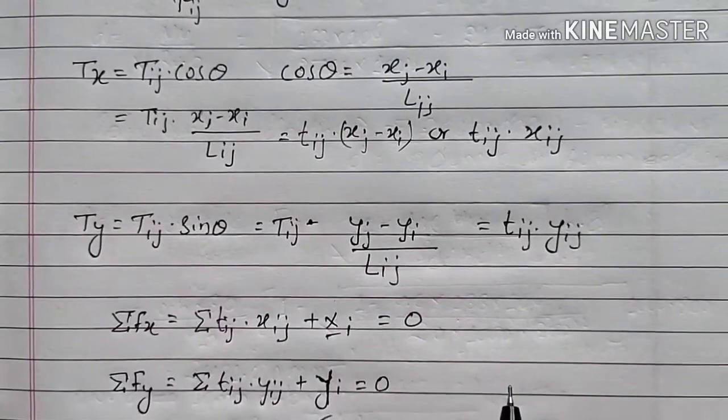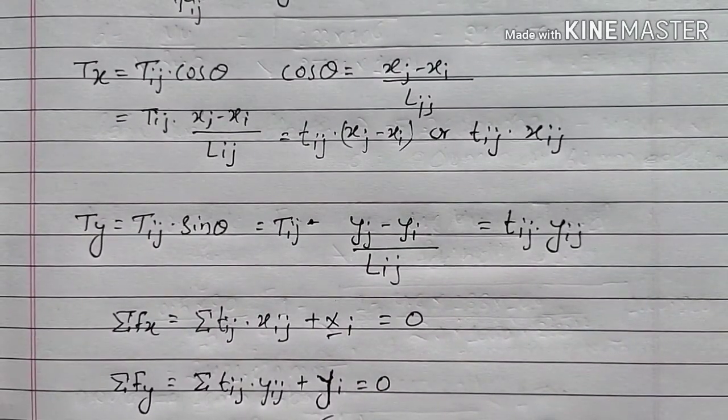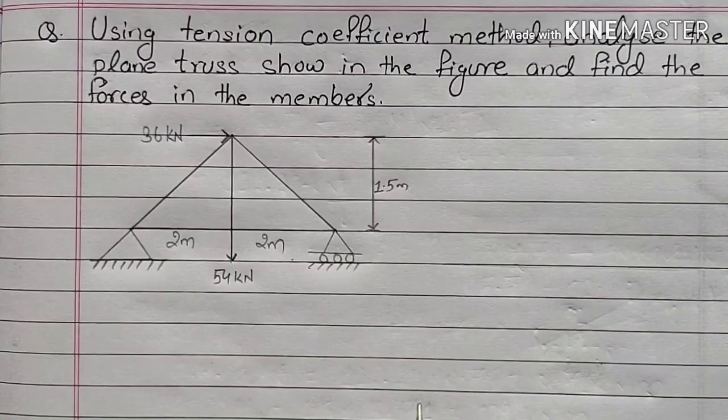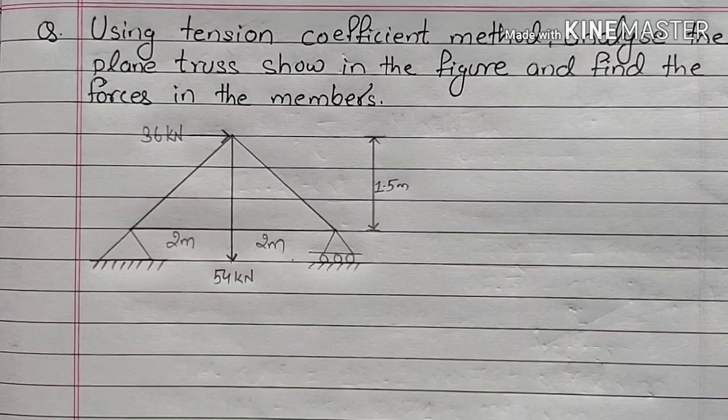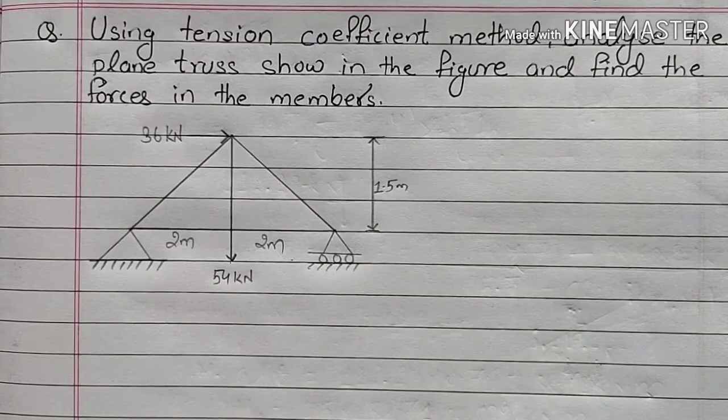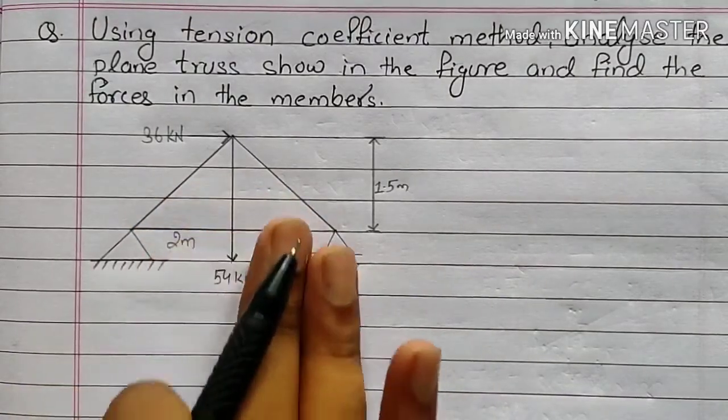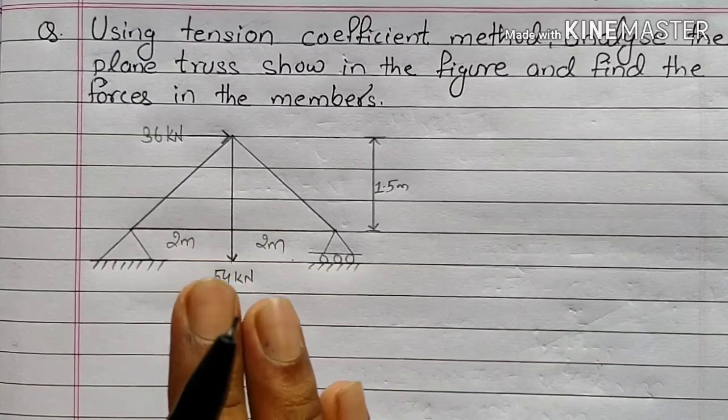So now let's move toward the solution of the numerical. While solving any numerical related to a plane truss, either by tension coefficient or by the method of joints, we first need to check our diagram of the truss, whether it is cantilever or not.